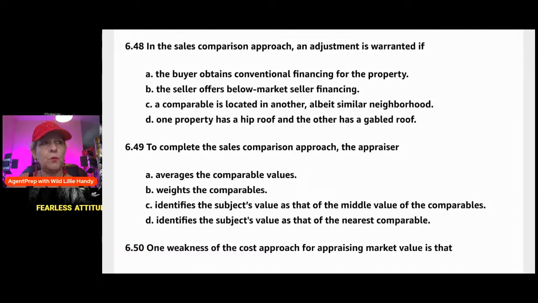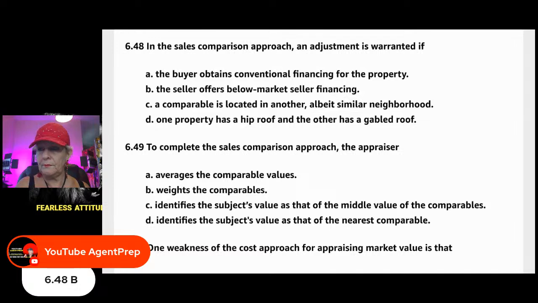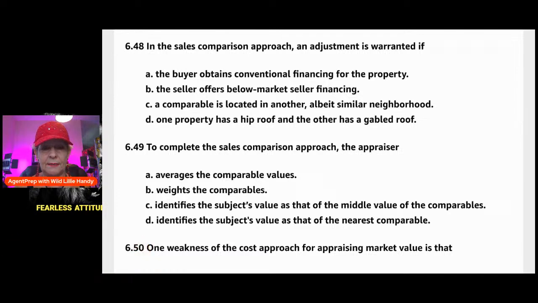So an appraiser will look, you would think, why are they looking at how it was purchased? Well, that's an important factor, because that'll determine the price that a seller accepts, or if they contribute to closing costs. All right, 648B, the seller offers below market seller financing. That warrants a sales comparison approach adjustment.